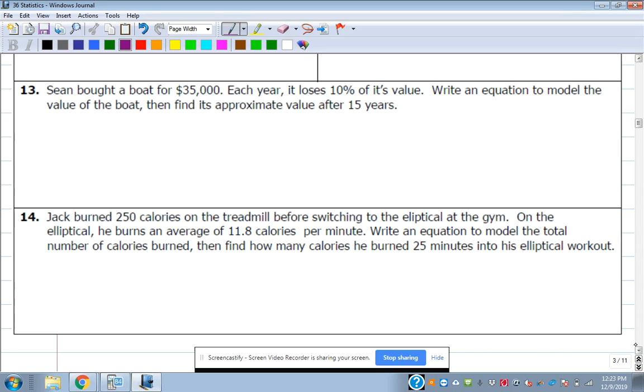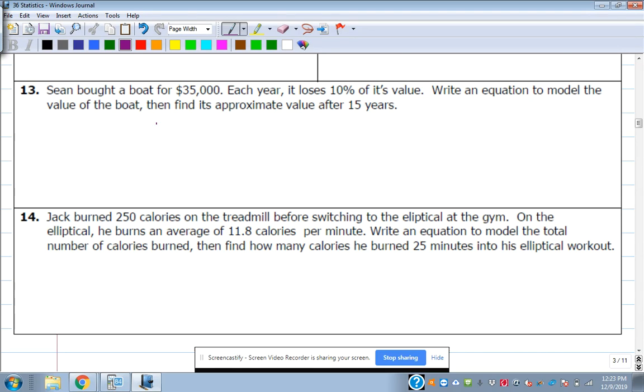How much is it worth each successive year? It's called the complement if you think about it in geometric terms. What's the complement of 10%? If 10% is how much it's losing, how much are you keeping? 90%. So our common ratio for value of the boat is 90%.